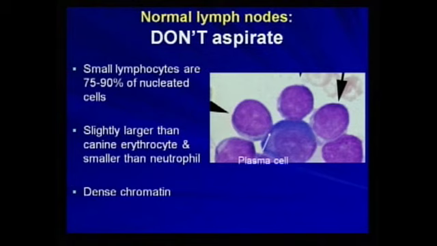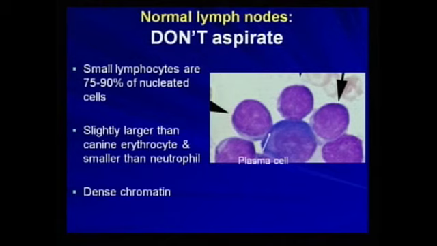In normal lymph nodes, generally you will see the predominance of lymphocytes about the size of an erythrocyte, maybe slightly larger. The rare plasma cell, almost all the cells have dense chromatin patterns. They have a small amount of cytoplasm. And the bottom line, if the lymph node appears normal, don't aspirate.